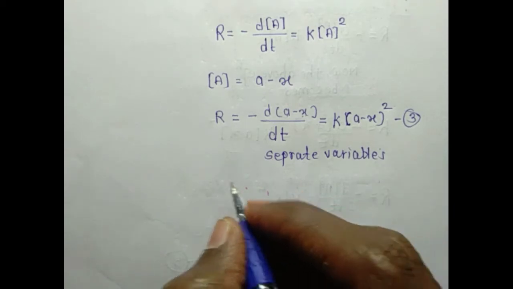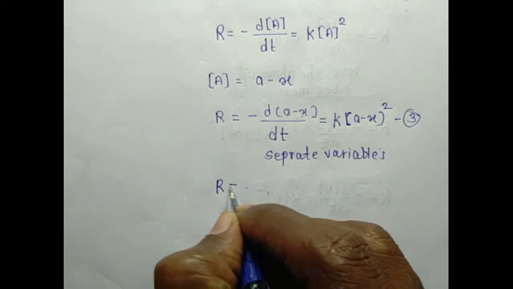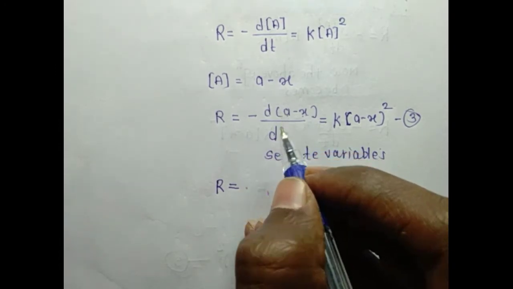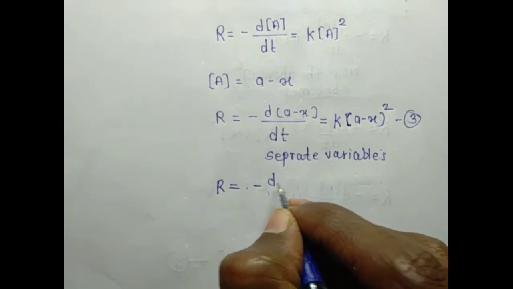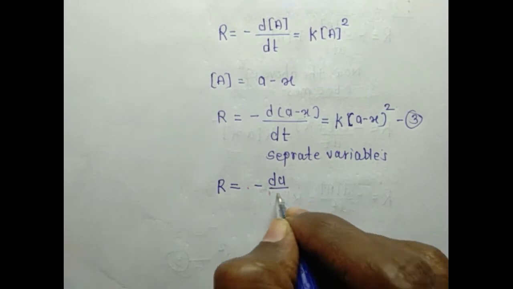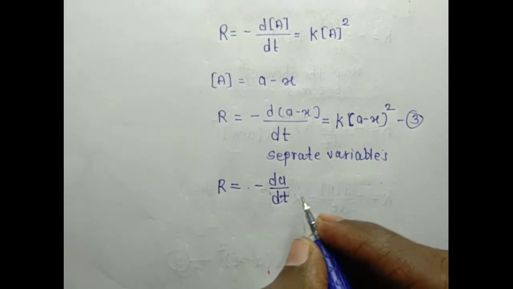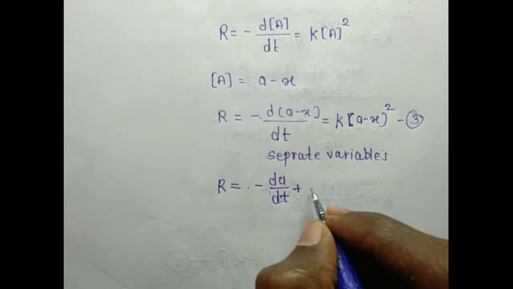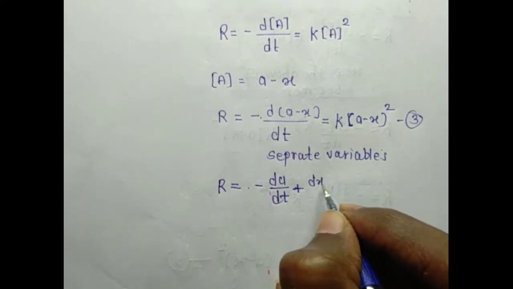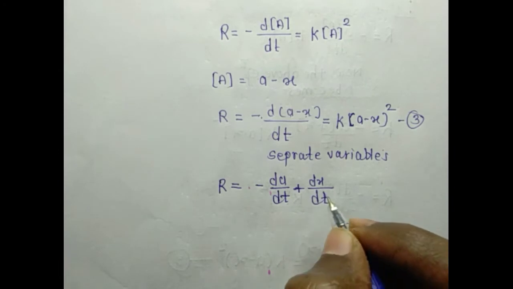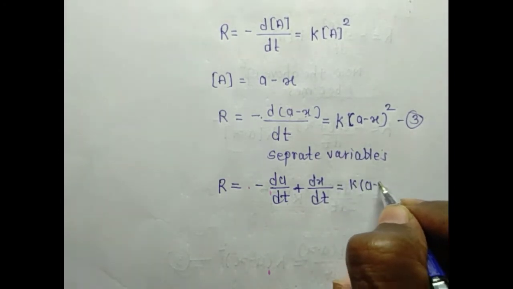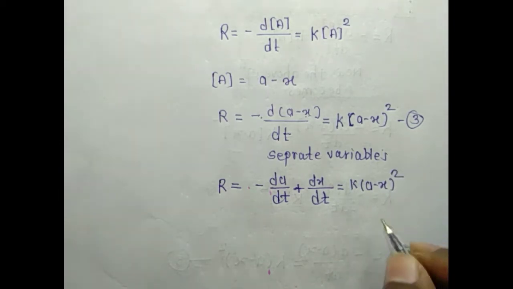Here R is equal to, here this is A, the initial concentration, that's why minus dA upon dt. This minus becomes plus, so plus dx upon dt is equal to K times the concentration (A minus X) squared as it is.